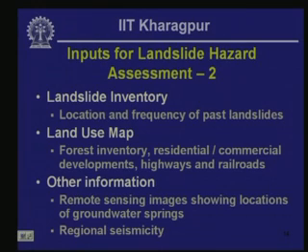Then we have to get the landslide inventory of a particular area. We have to look at the location and frequency of past landslides within the area. Then we have to consider the land use map.